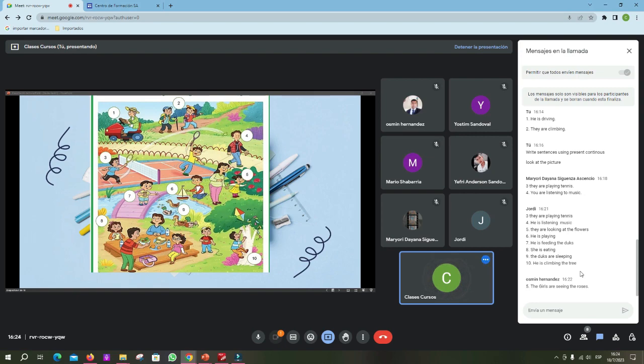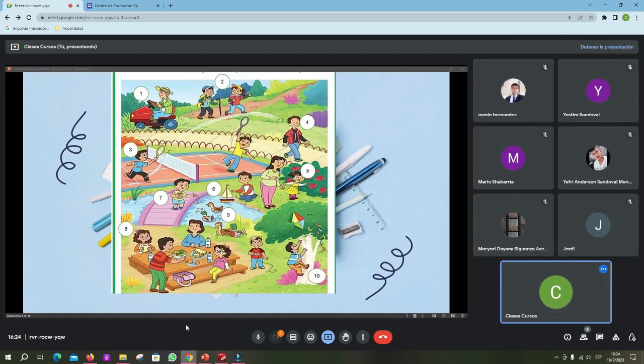I guess it sounds better if you use look at, Mr. Osmin. So maybe the girls are looking at the roses. Maybe that would be better, right? Okay. What about the other ones? Mr. Mario Chavarria, do you have another one? No? Another option? They are watching the flowers.